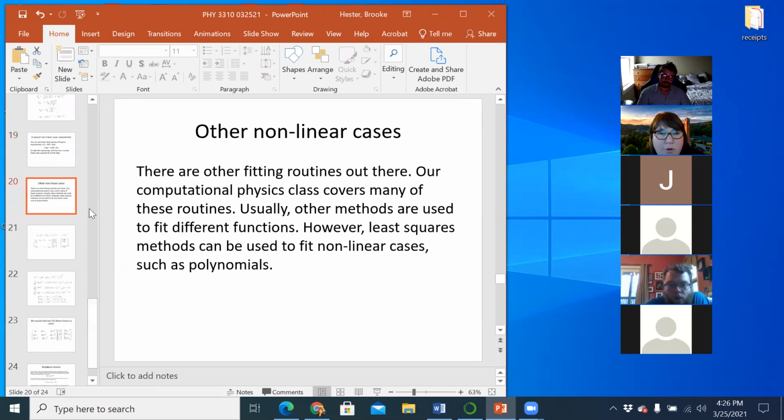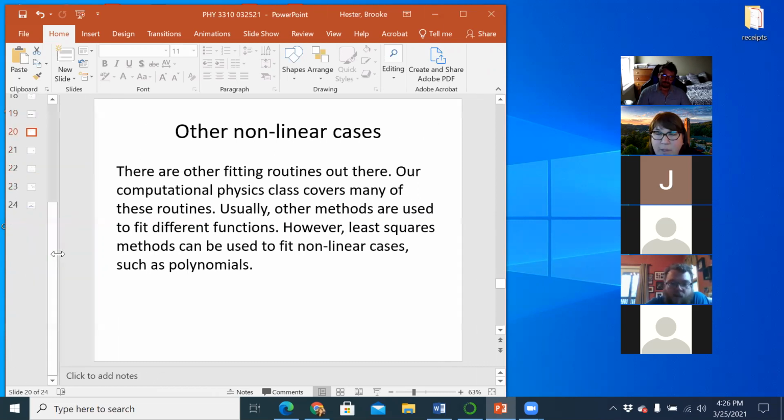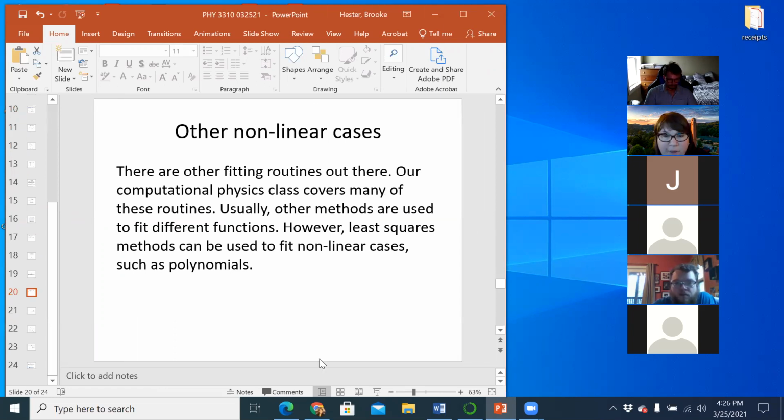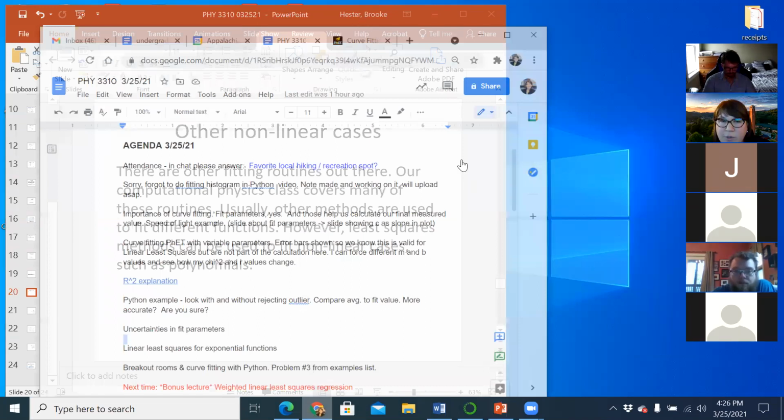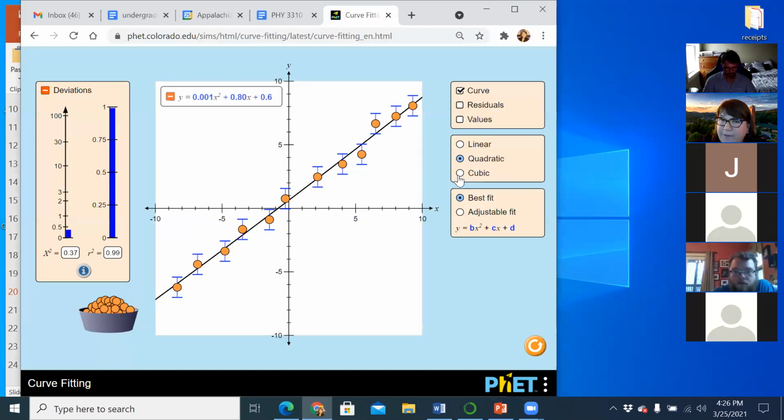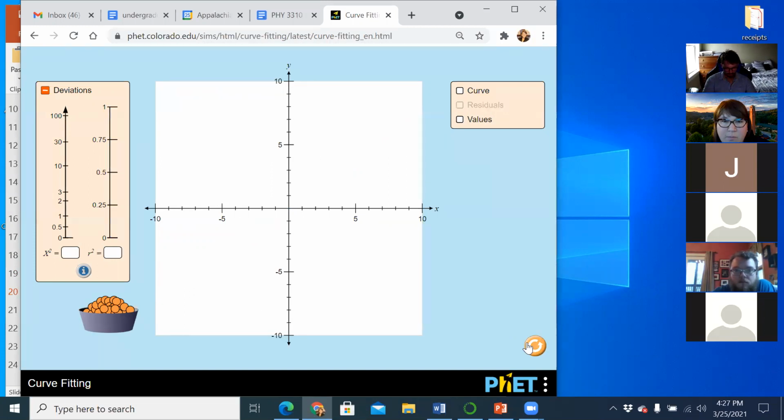Okay, there are other nonlinear cases as well, like polynomials that we talked about earlier. In our FET, we could have chosen linear least squares to do a quadratic fit or a cubic fit, which wouldn't make sense since that looked linear anyway.